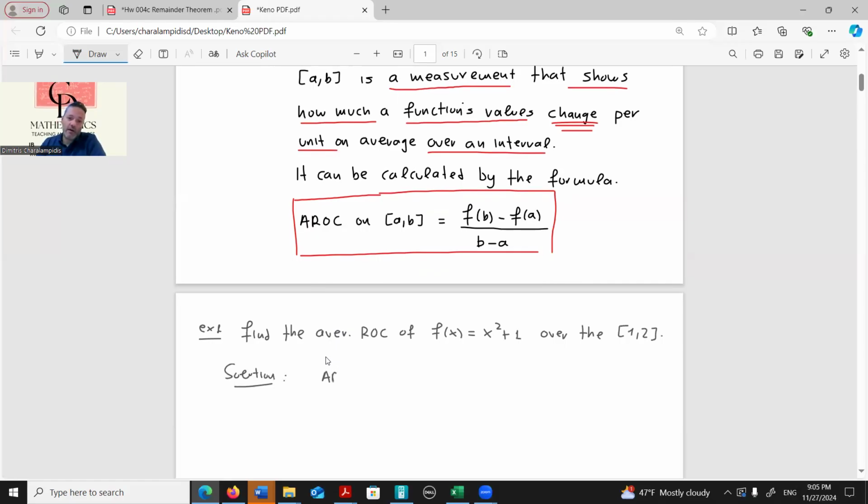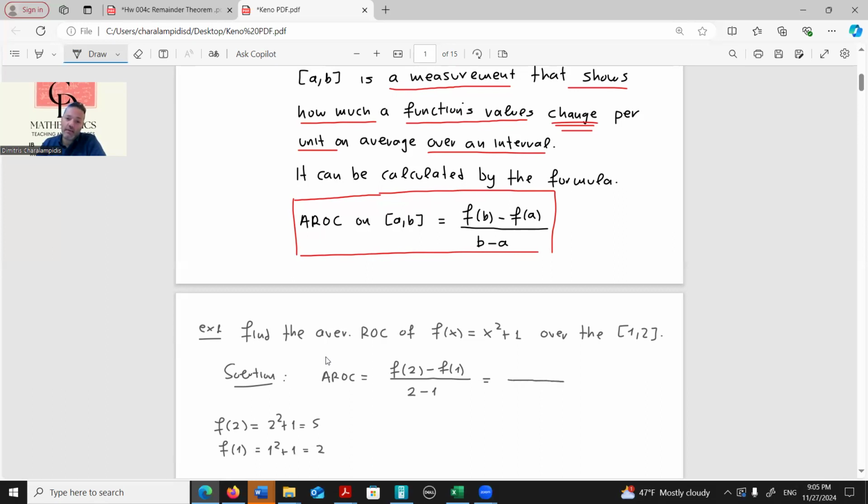So average rate of change would be equal to f of 2 minus f of 1 over 2 minus 1, which means I can go somewhere in a corner and calculate these values separately. f of 2 is 2 squared plus 1, which is 5, and f of 1 is 1 squared plus 1, which is 2.